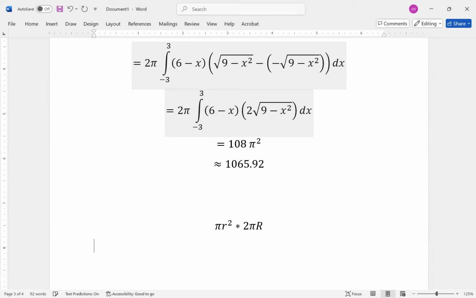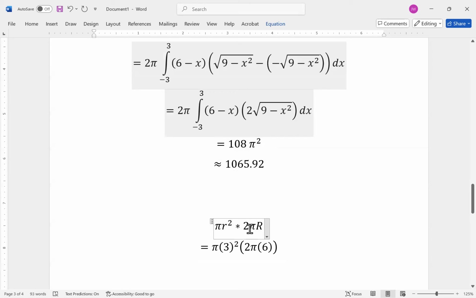In my example, that would have been pi times 3 squared multiplied times 2 pi times 6. Let's see if that works out. Take 3 squared times 2 times 6. And sure enough, you get 108 times pi squared, which is exactly what we got here.